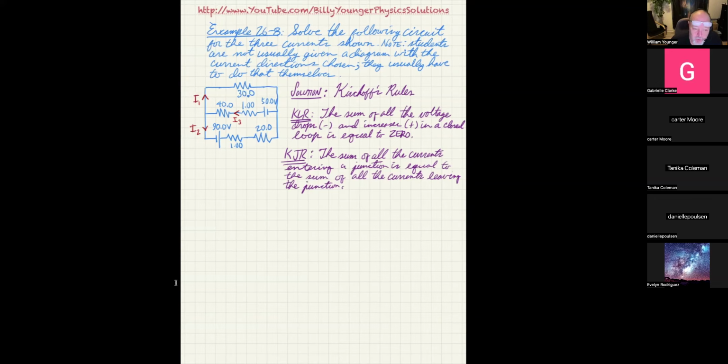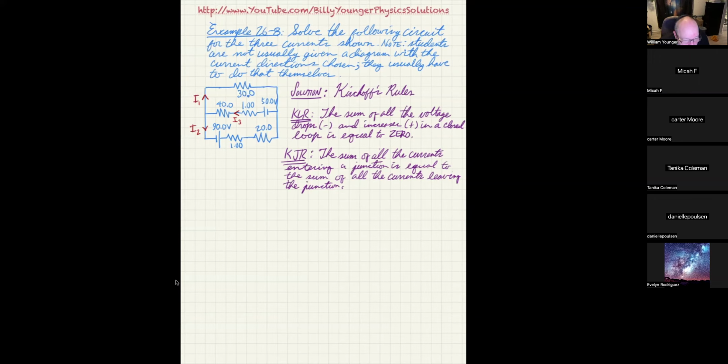If you go from the long bar to the short one, that's a voltage decrease. Also, if you are going across a resistor in the direction that you chose the current to be pointing in, then the resistor has to be a voltage drop. Otherwise, if you go across it the other way, it's got to be a voltage increase. So that's what we're going to do now using all that information.